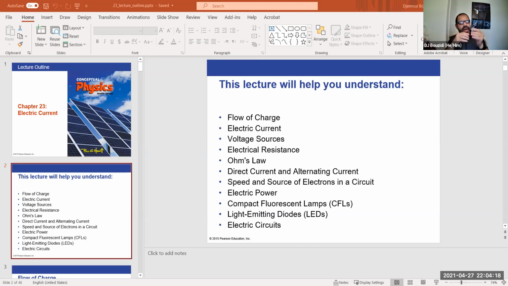In reality, electrons are moving from the negative to the positive, but at a steady flow, at a constant rate, versus the AC current or alternating current, the one that you get from your plug, and that one is actually going up and down. When they tell you that we're delivering 120 volts to your household, what they're actually doing is putting at some point 170 volts up, and the polarity switches at some point to become 170 volts on the other end.